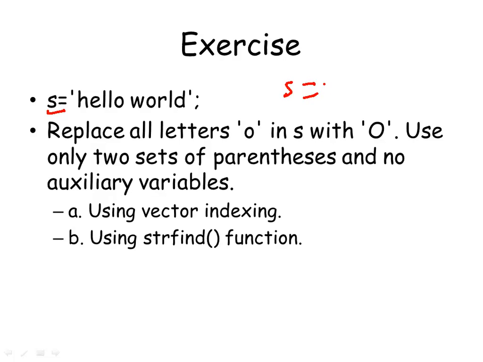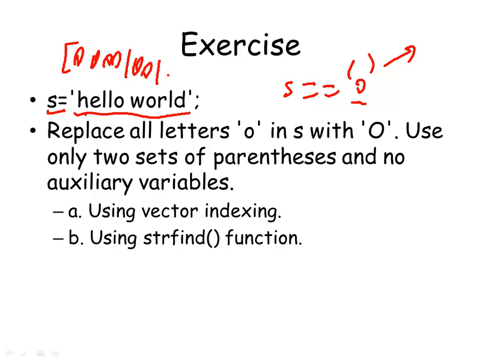If I say S equal small letter O, I'm comparing a vector that contains hello world with a scalar that contains the small letter O. And it will give me a new logical vector that has the same size as S, and it will be 0 wherever it does not match, and a 1 wherever there's a match.